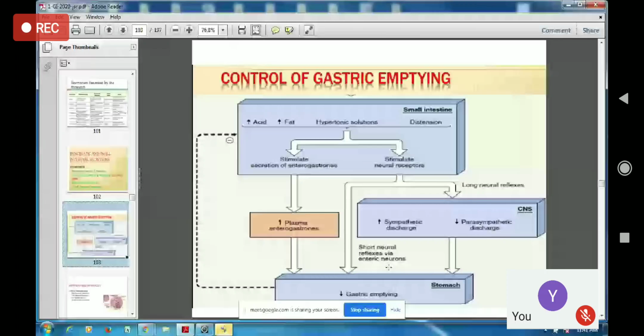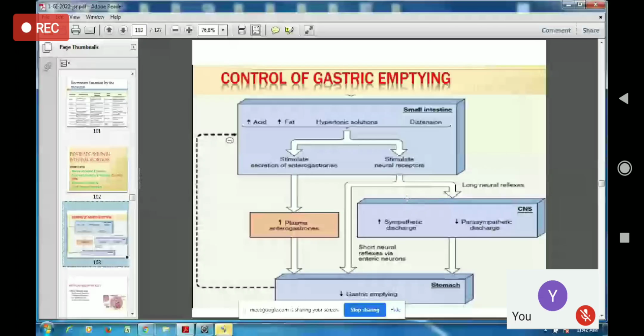If there is increased sympathetic discharge, increased sympathetic drive, that will lead to decreased gastric emptying. But if a person is in rest and digest mode, when there is parasympathetic stimulation, gastric emptying will be fast.